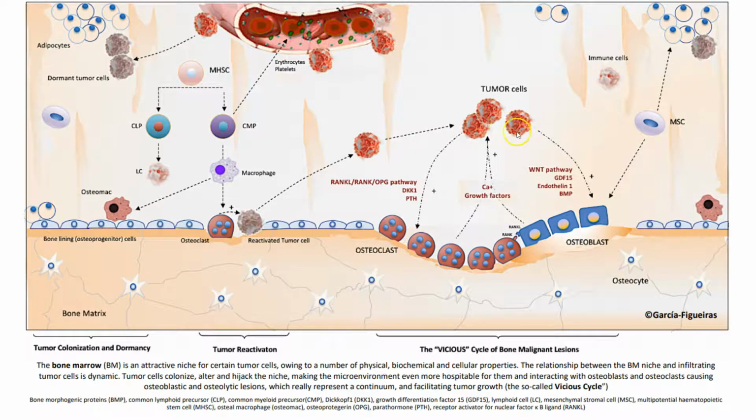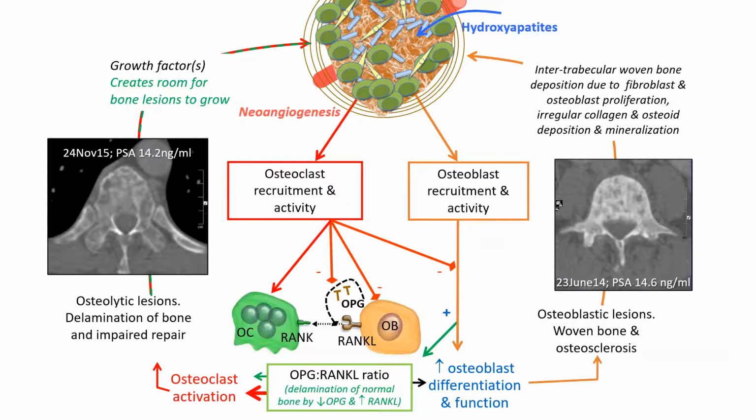The proliferating tumor requires its own stroma on which to proliferate, and it does that by signaling osteoblasts through the Wnt pathway. The Wnt pathway results in the formation of osteoid, and this osteoid is woven bone, which then becomes mineralized. So you've got these two pathways going on at the same time.